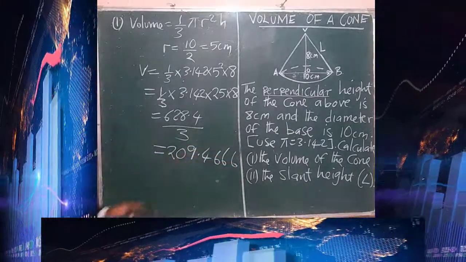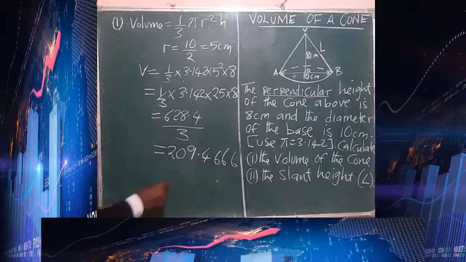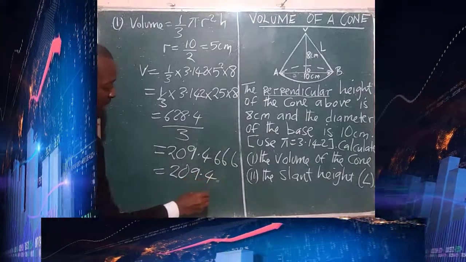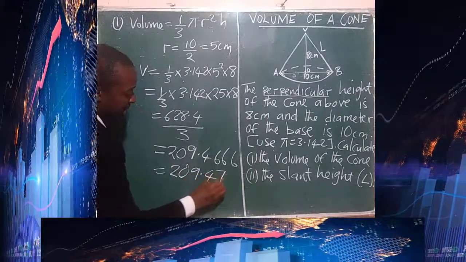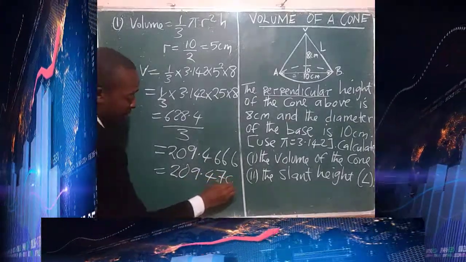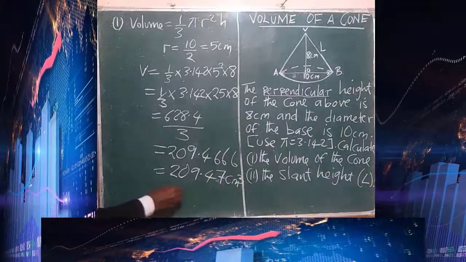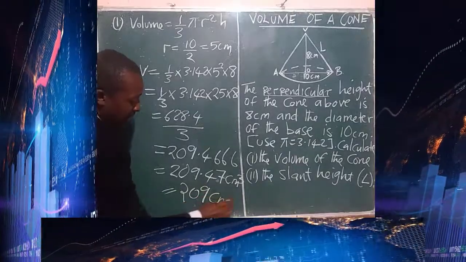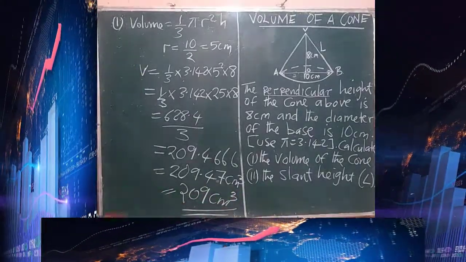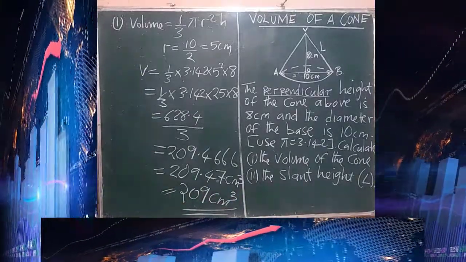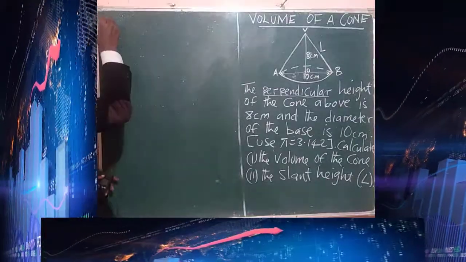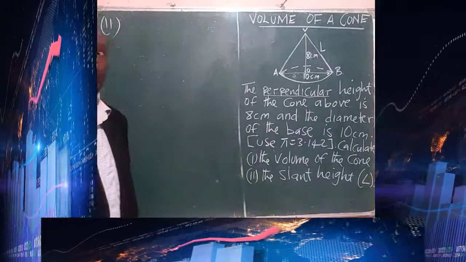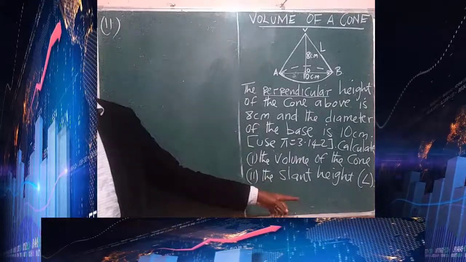And then we can round off this number to 209.47 cubic centimeters, which can also be rounded off to 209 cubic centimeters. You can write any of these numbers depending on the question.